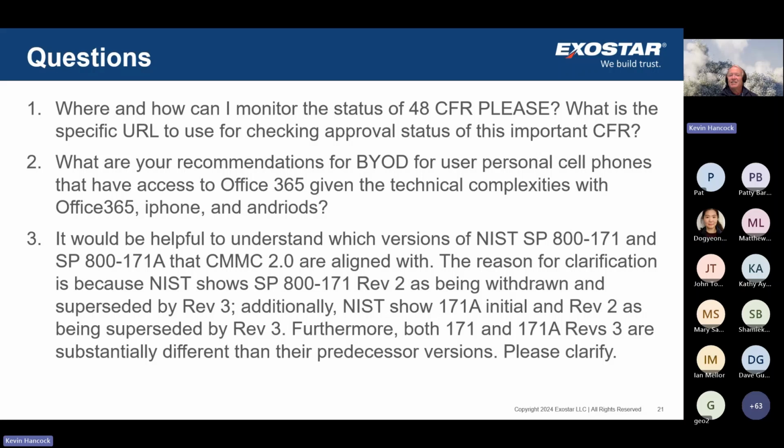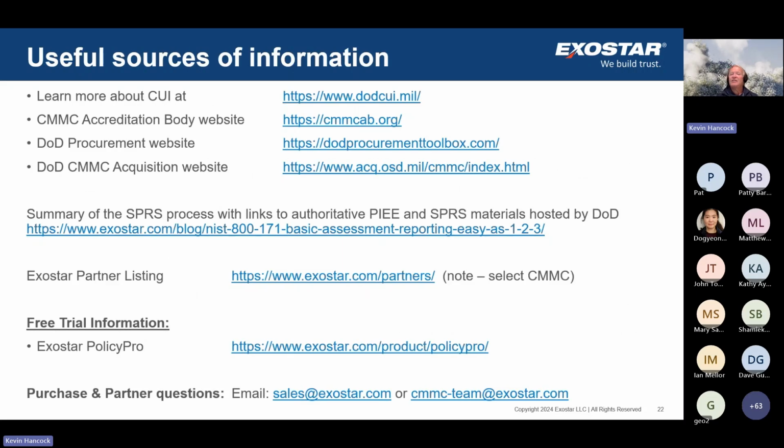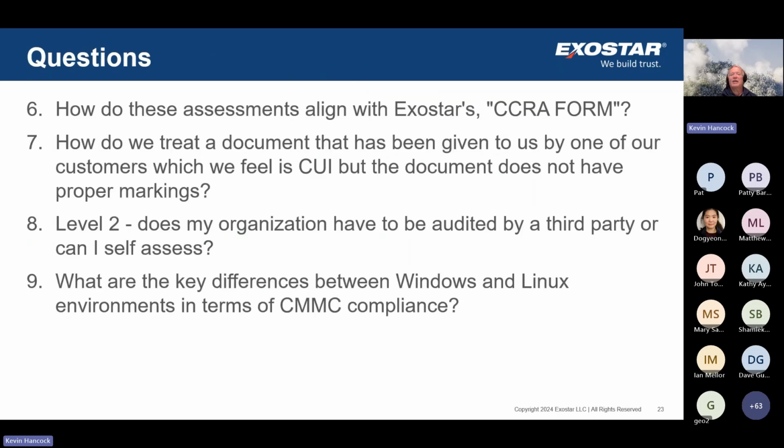So hopefully that clarifies that for everybody. And I think those were the only questions we got. So again, we're going to be providing some additional help, including that website I was just at from the DoD, that will hopefully give you additional answers and additional sources of information for you.